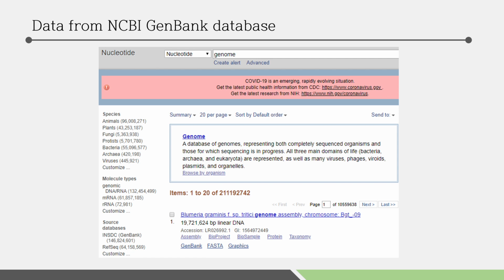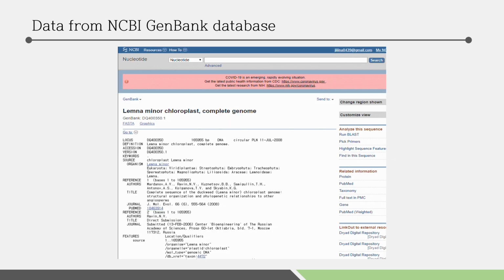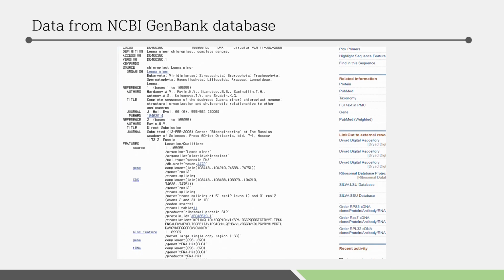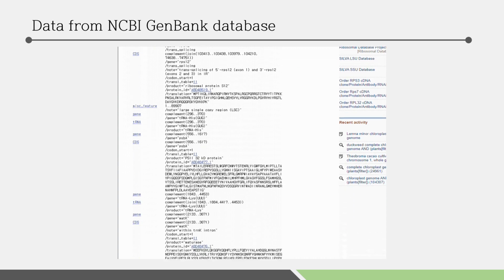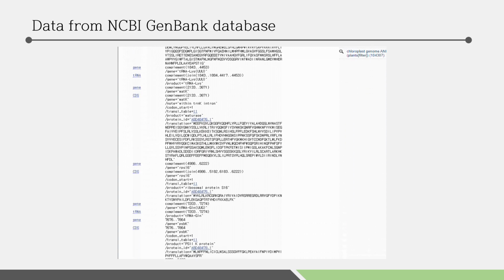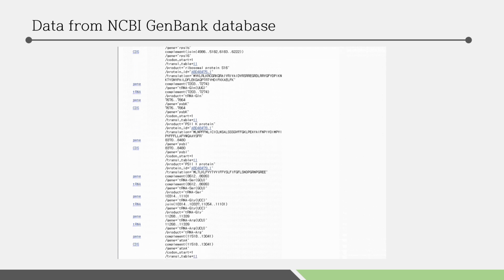There are various types of sequence data such as mitochondria, ribosome, and chloroplast. Here I collected chloroplast genome data as a GenBank format with sequences and its annotations.